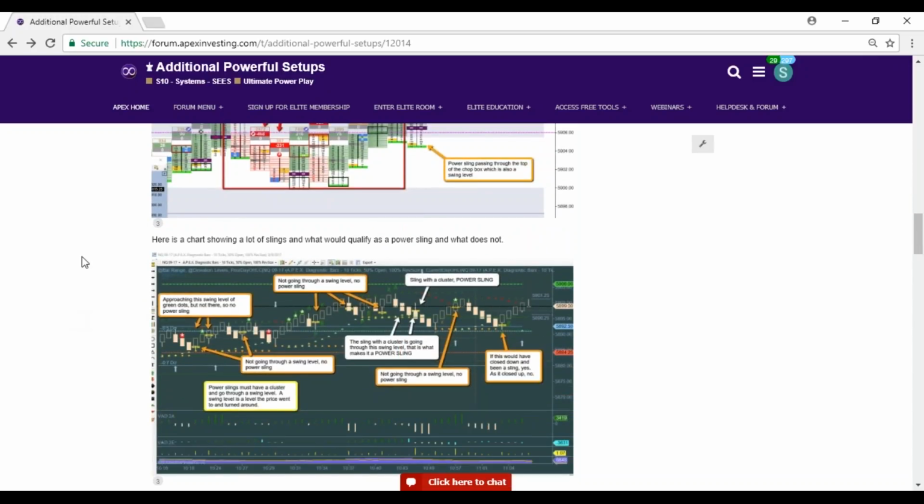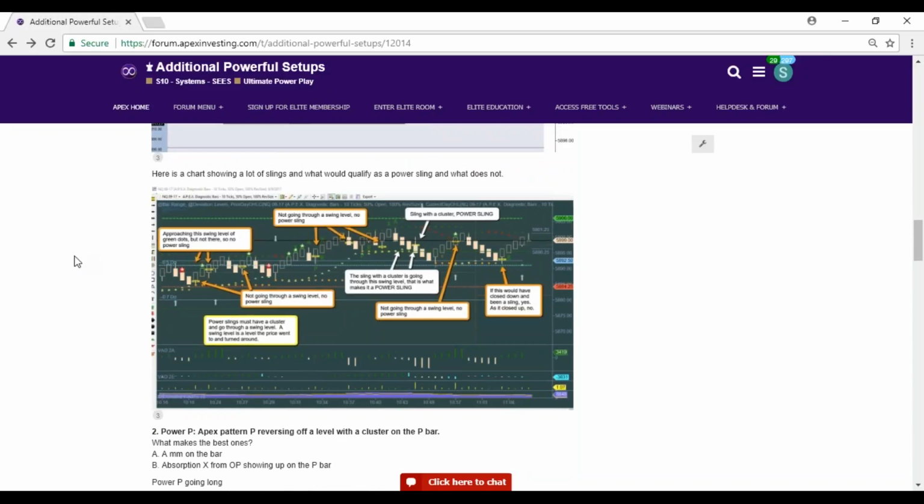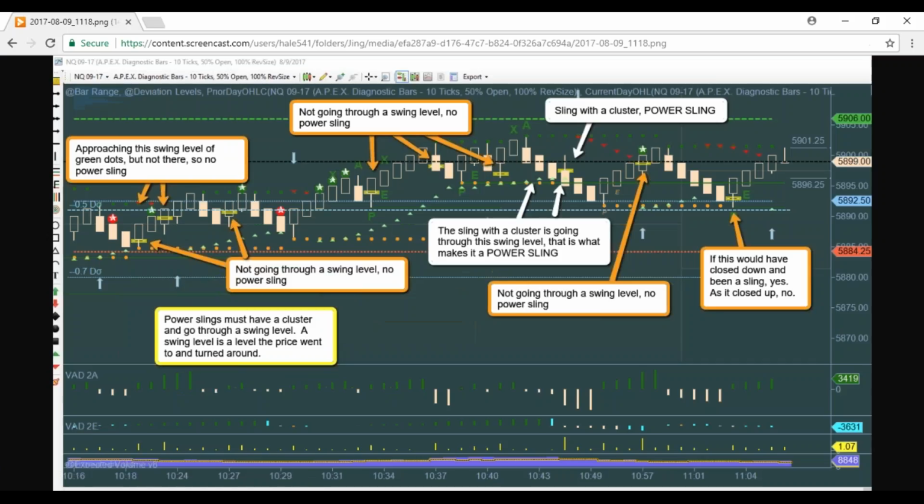Now, let's real quick, and this is really great. I'm so glad Lori put this in here. Very important. Here's a chart showing a lot of slings and what would qualify as a power sling and what does not. So let's take a quick peek at this. So right here, what do we have? We have a sling, and here they're actually yellow on this chart. We have the cluster. It's approaching the swing level.